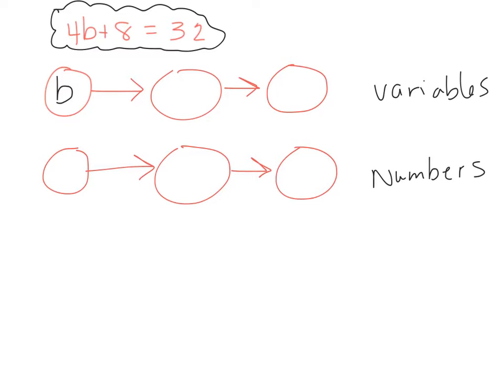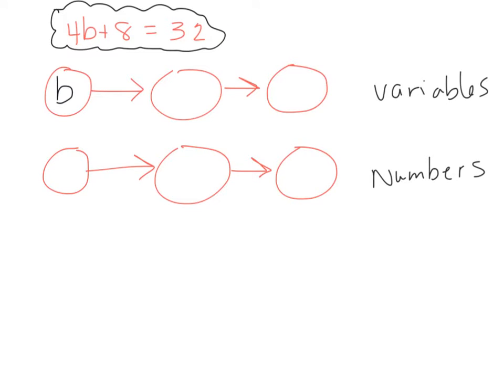So how do I set up this flowchart? Let's look at 4b plus 8 and talk about what math we would do first. If this is b right here, what is my first math step if I was plugging in a number for b? The first math step you see here is multiplication.